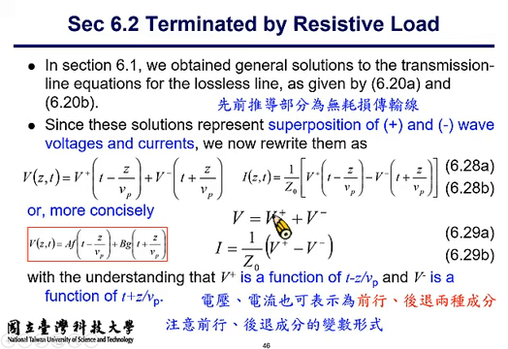And the total current at a specific position at a specific instant t, I, equals 1 over Z sub 0 times V plus minus V minus. Okay? So take a look at these two equations and memorize the form, because later on in this chapter we will use this representation to describe the voltage and current behavior on the transmission line. All right?